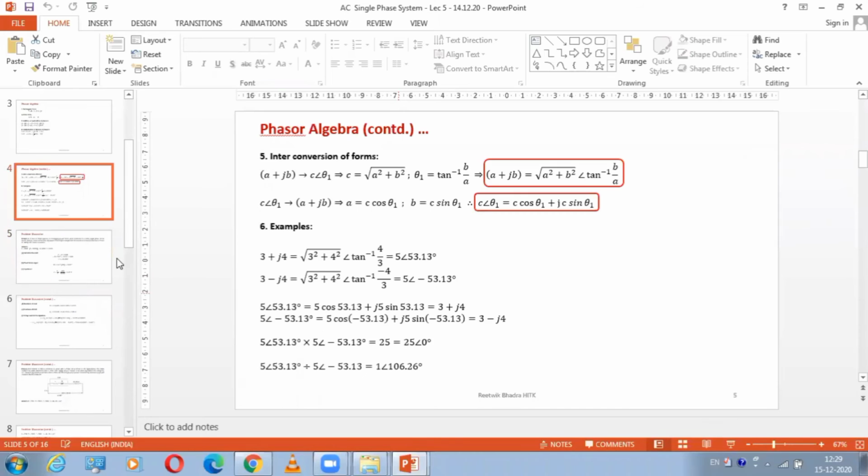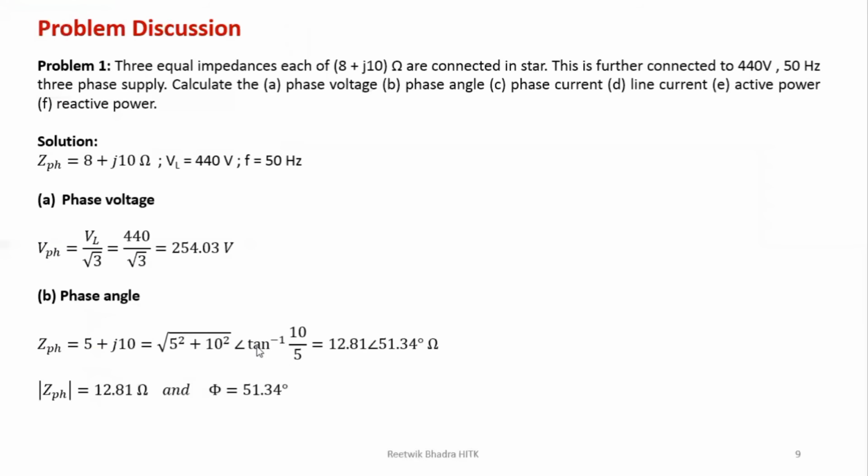So 3 equal impedances of 8 plus j10 connected in star. Even if it is not stated whether it is phase impedance or line impedance, we consider it as ZPH only.